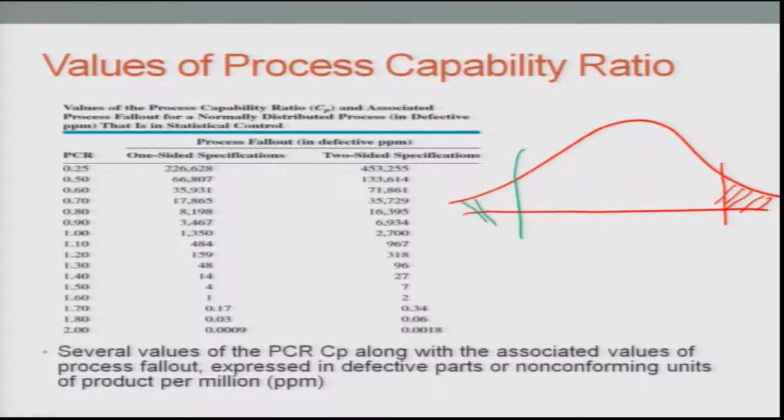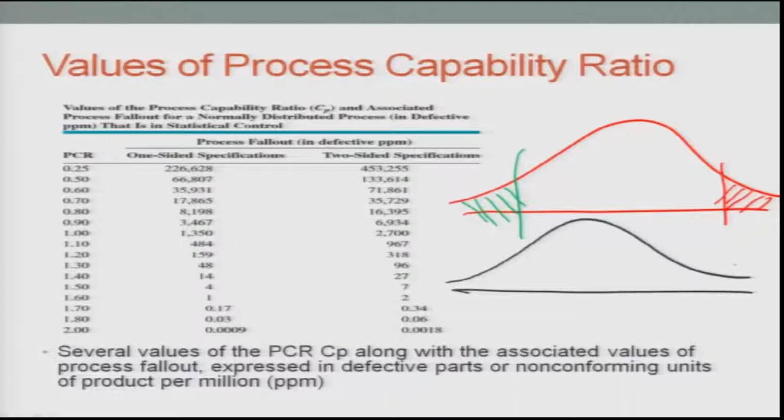This is the lower tail, and in the other case you have both sides, so it will be this side and this side also. Where the graphs look the same, you have a left tail and a right tail in both cases.